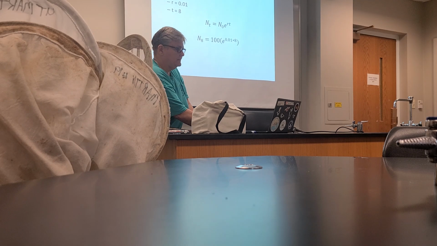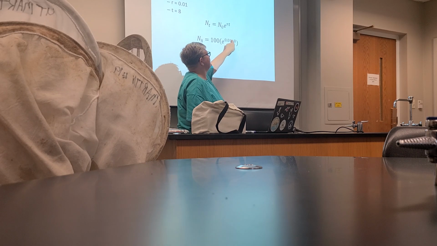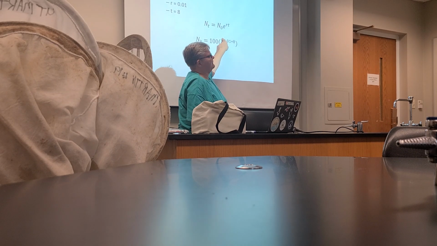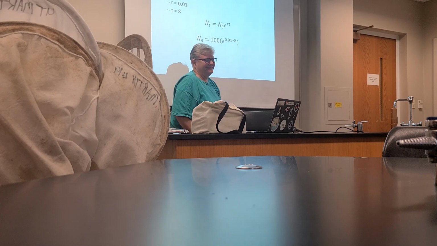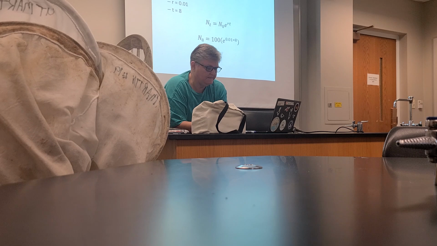To do this formula, you want to start with the exponent part. So you want to take 0.01 times 8, and I got 0.08. Is that what everybody got? All right.